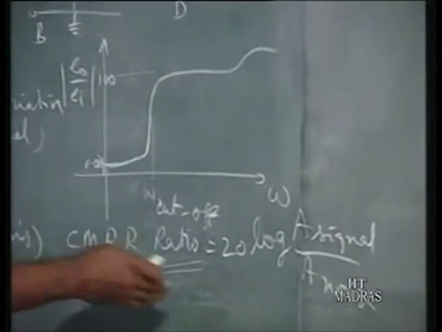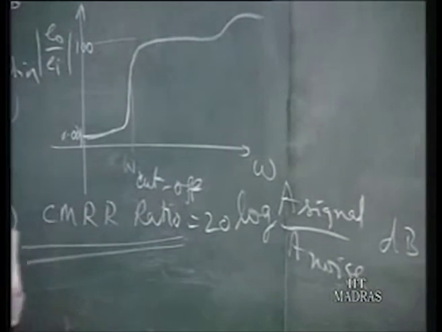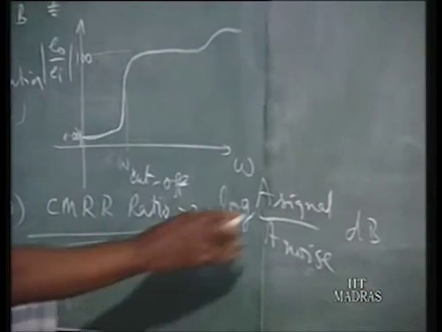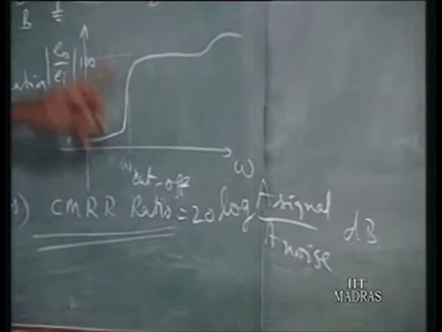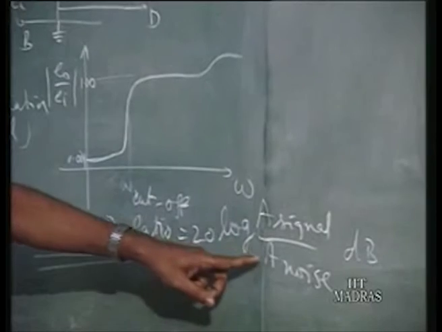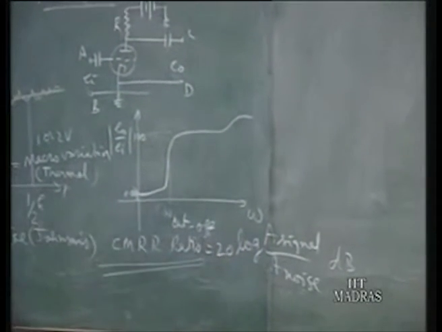Since the ratio is going to be very large, the logarithmic scale is taken and it is called decibel. A signal is the amplified portion of the output of the AC amplifier coming from the signal, and A noise is the amplified voltage coming from the noise signal. This ratio should be very large.